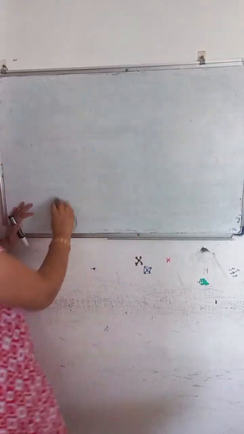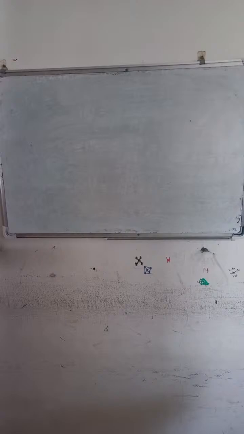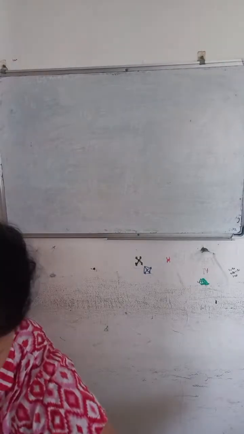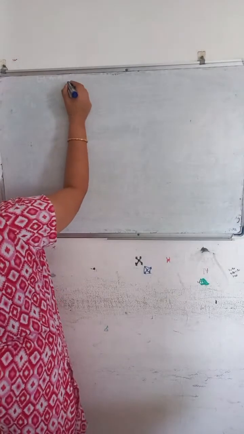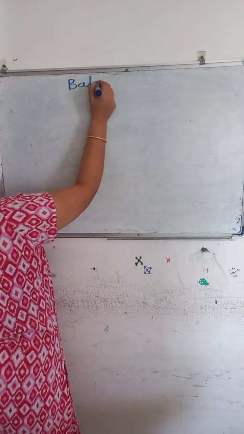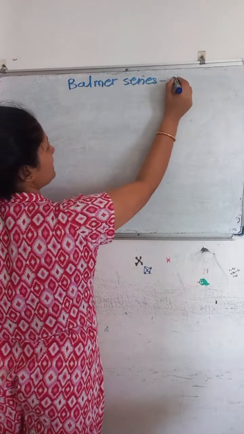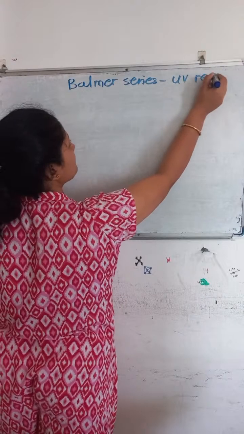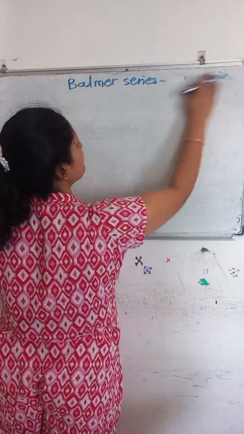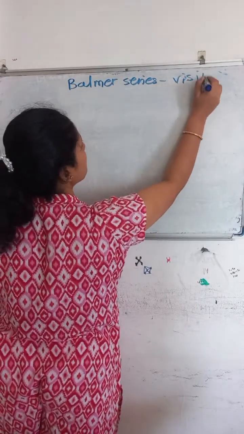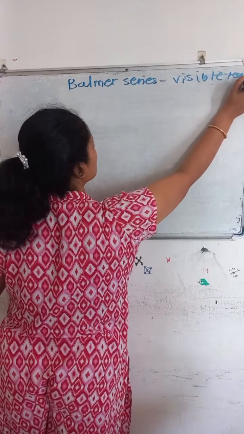So here write down the given things. A very initial statement, that is, this is a visible region, that means this is a Balmer series. Balmer series lies in the visible region.